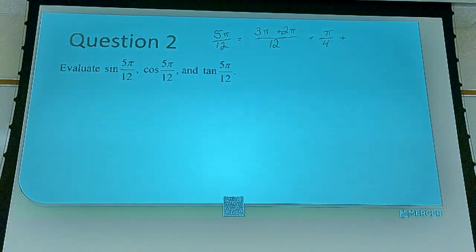And pi over 6, is that on the unit circle? Yes. So this would be the easiest sum to use. Again, you could do pi over 3 plus pi over 12 as well, because we just did pi over 12.